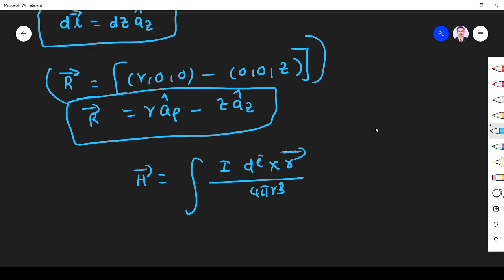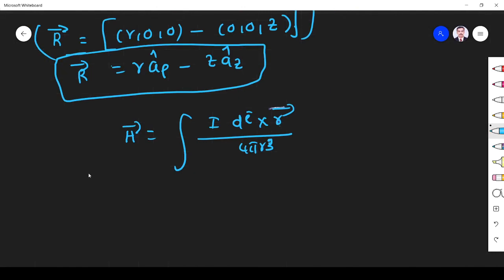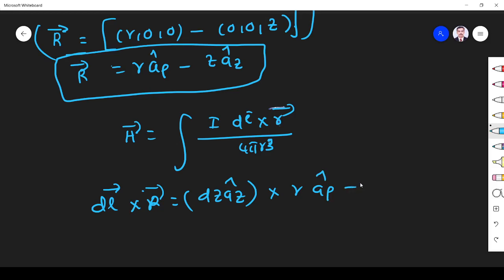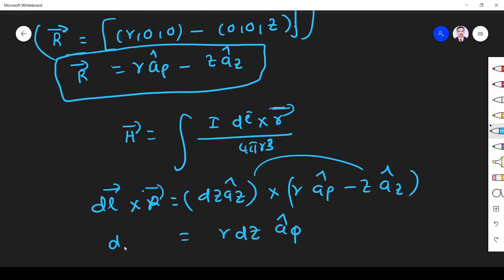So dl I found, r I found, dl cross r vector I need. dl vector, r vector, dl is dz az, right? Cross r a rho minus z az. If you take the cross product, az cross az is 0. So r dz, az cross a rho gives a phi. So dl cross r is r dz a phi.